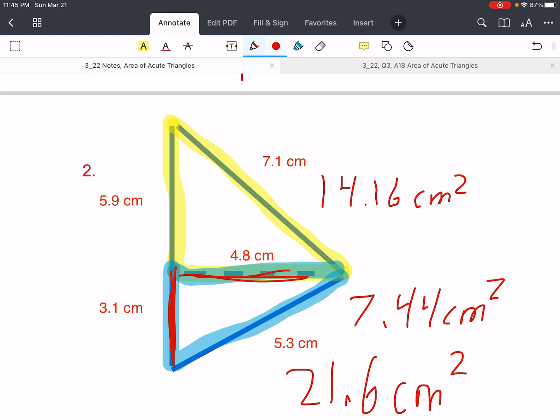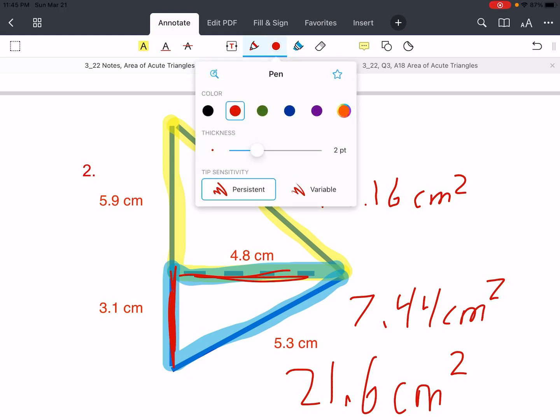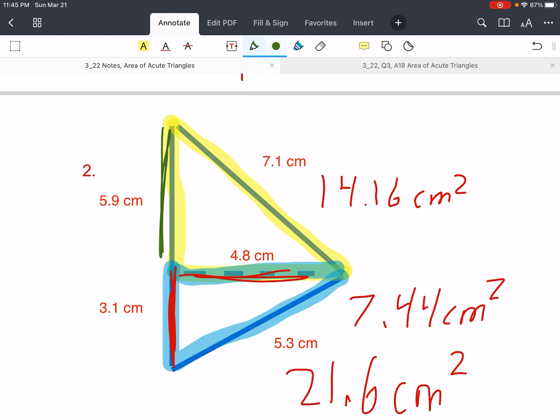So that is if we add the two triangles together. And if we wanted to just find the whole area all at once, we would need to recognize that we need to add this base plus this base. So 5.9 plus 3.1 equals 9. The height is 4.8. So 9 times 4.8, and then divided by 2 gives us 21.6.